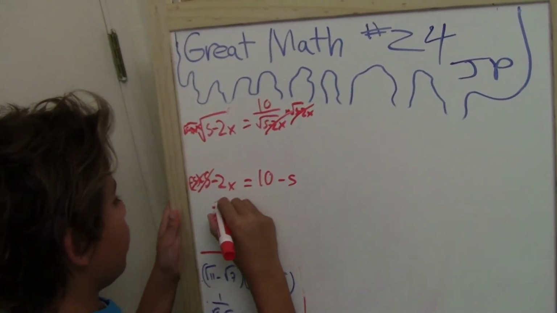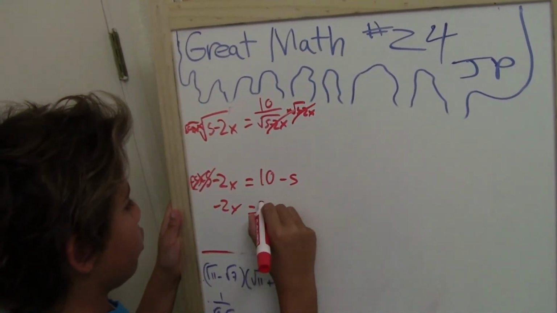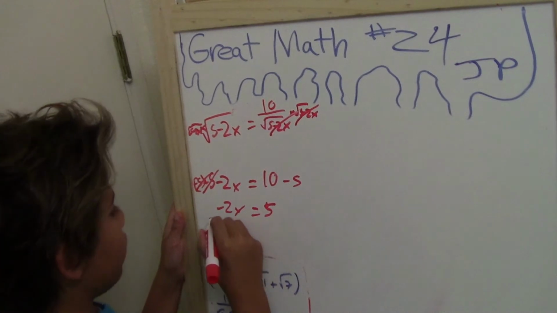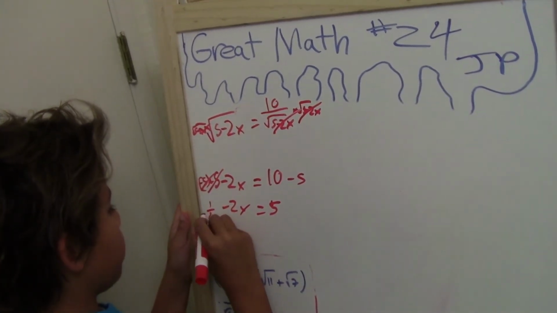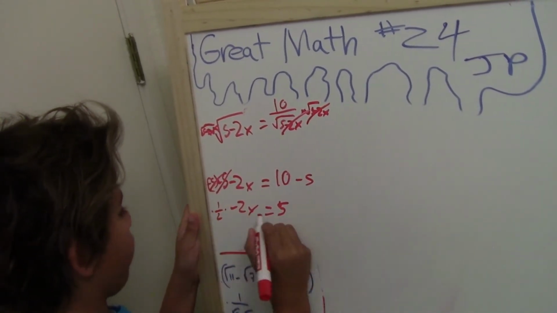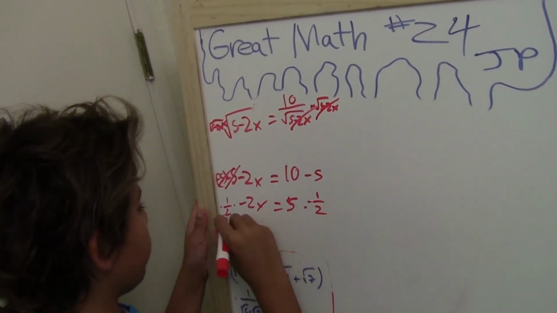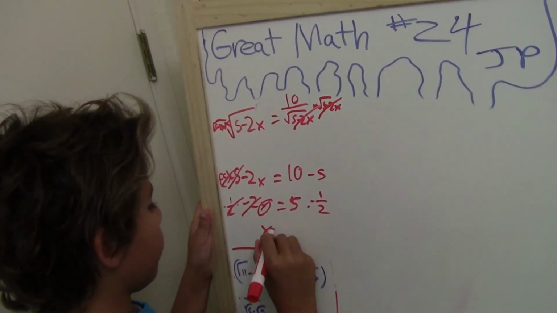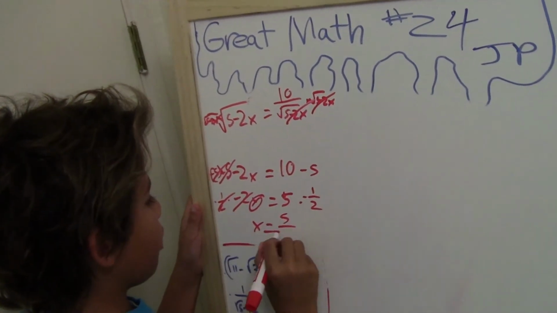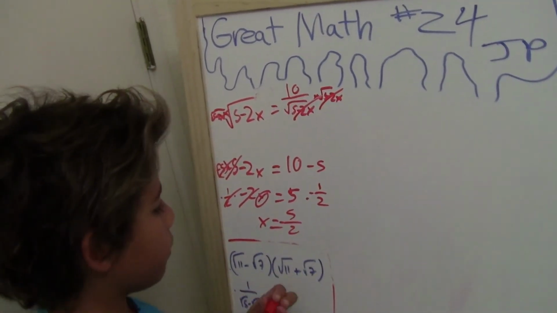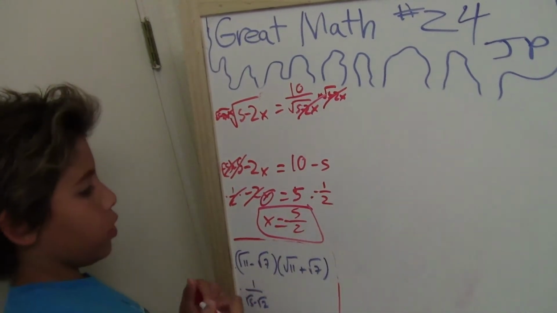It cancels that. It's minus 2x equals 5. So now we can use the reciprocal, multiply by negative 1 over 2. Cancel that, and x is equal to negative 5 over 2. And there is our answer.